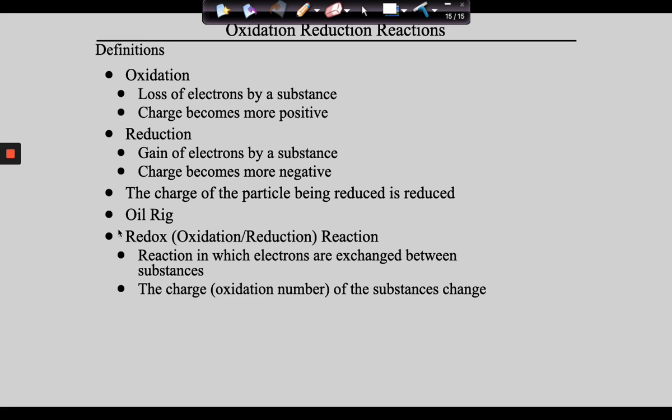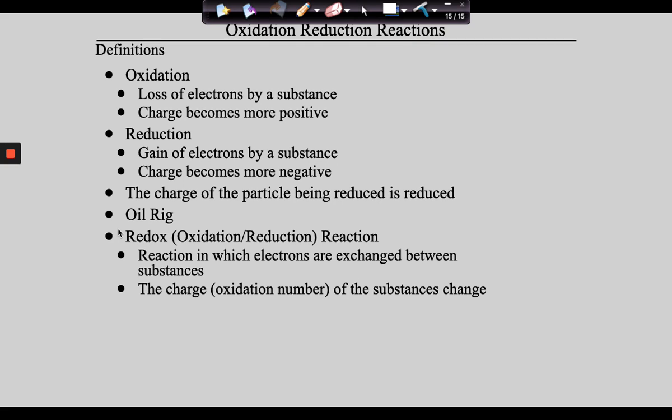Now again, when this happens, we are looking for charge changes. And this is the first thing that we've got to dig into a little more deeply. So guys, this you may find initially challenging, but you'll get better at it as we go.